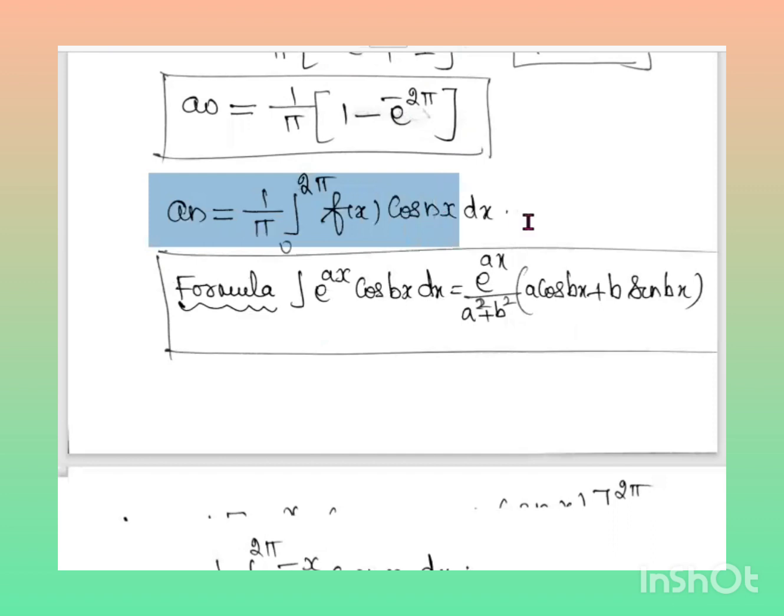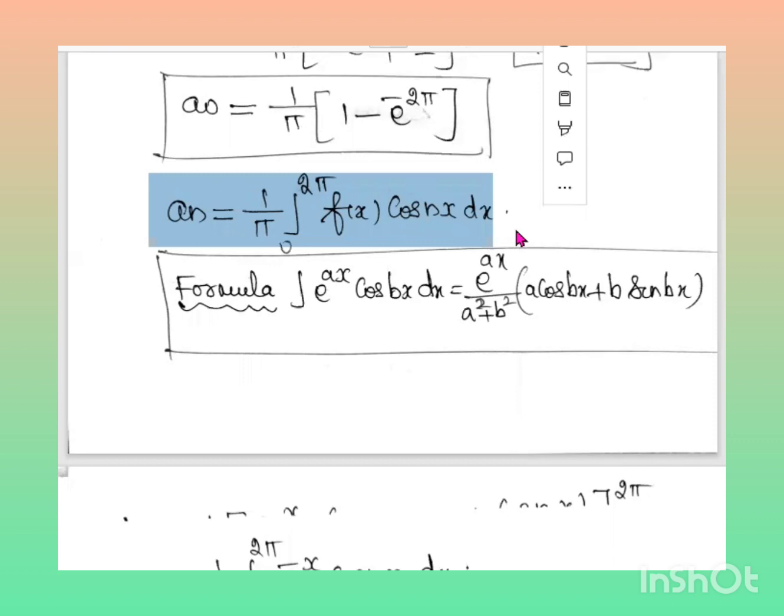an = (1/π) integral over the limit 0 to 2π of f(x) cos nx dx. Then the next step, an = (1/π) integral from 0 to 2π of e^(-x) cos nx dx.